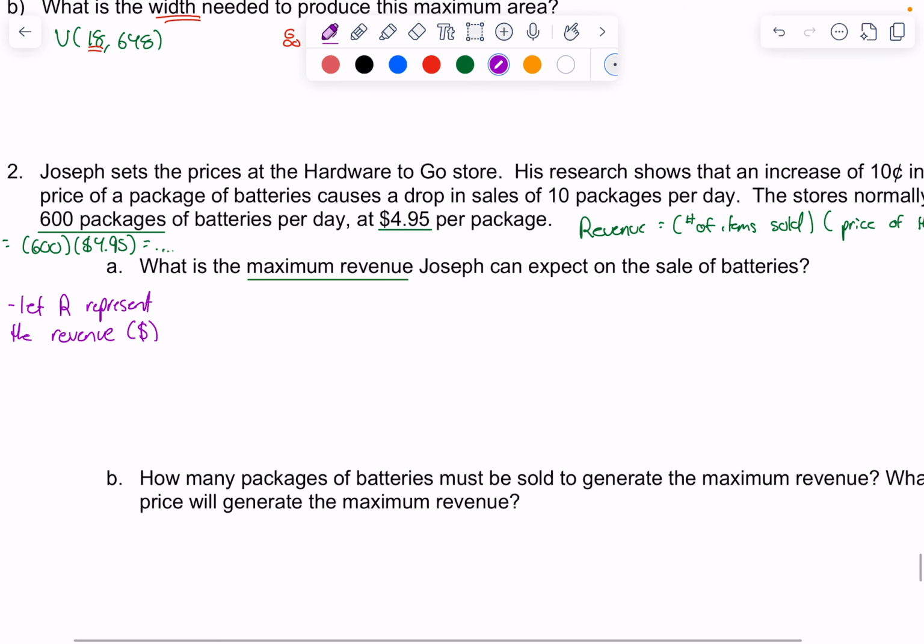All right, and we're going to need another variable, but first let's set up the problem and then we'll define the variable, okay? Well, our revenue, our R, is equal to number of items sold. Well, Joseph typically sells 600 items, and he sells these items for $4.95. Items sold, price per item.